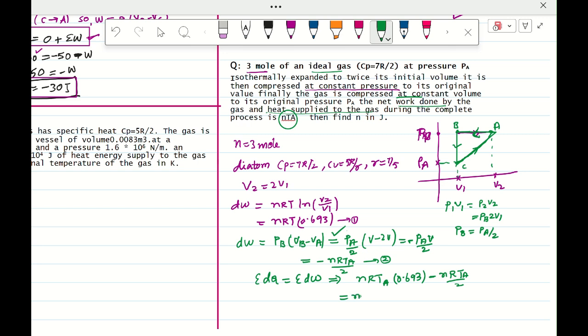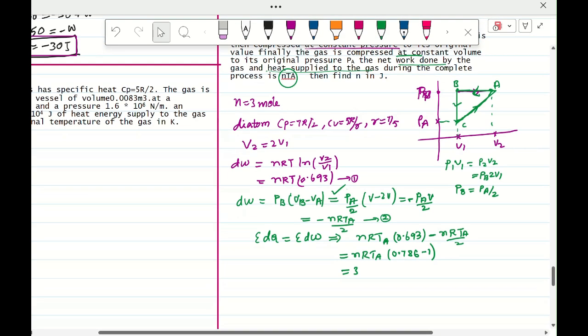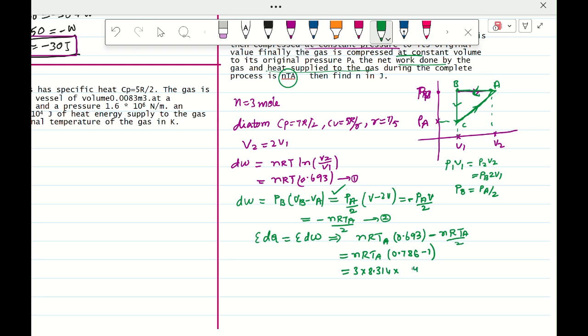So take nRTA common. That equals 0.693 minus 0.5, which is 0.193, hmm, 0.786 minus 1, 0.214. So here 3 moles of gas is given, and the R value is 8.314, and T is 4 minus 1, and 0.214 comes. So you calculate this, you will get the answer.